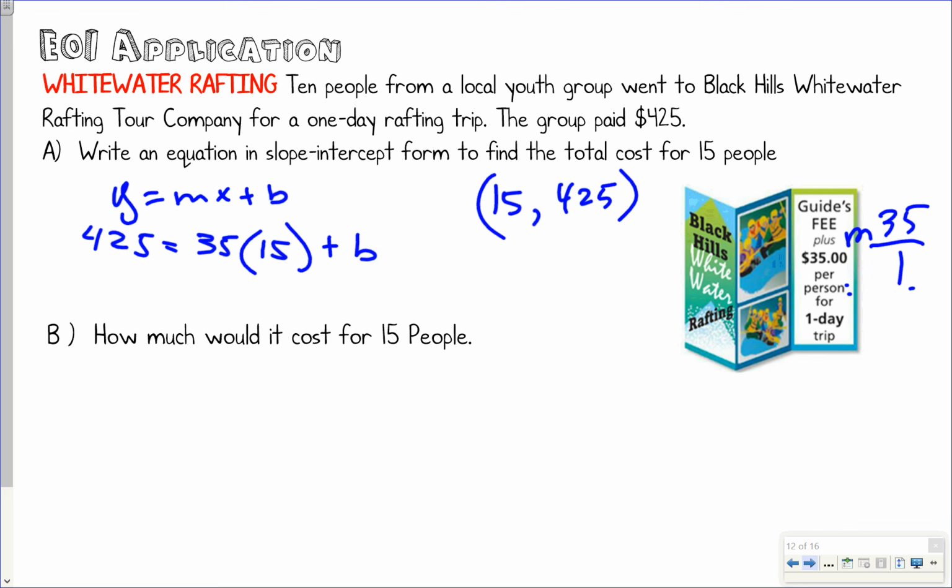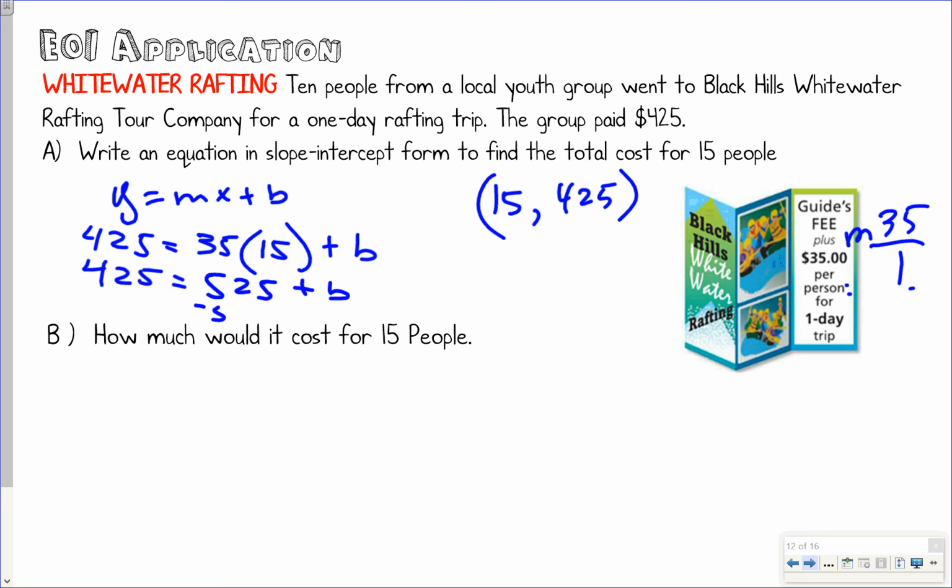Because those rafts, what do they do? They drive you up to the point and then let you off, don't they? Okay, so who's going to pay for that gas going up there? The company. You guys. Okay. They're going to charge you for that, okay? So 425, what's 35 times 15?